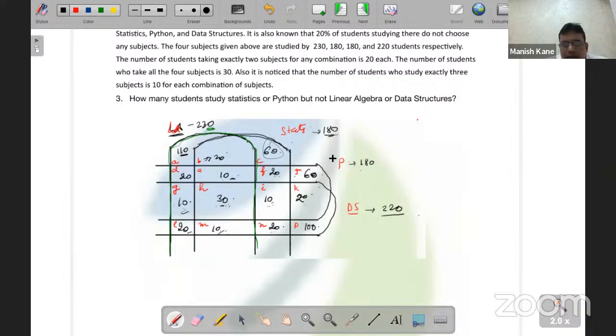How many numbers are there? This 60, this 60, and this 20. 60 plus 60 plus 20 makes it 140. Is this point clear? Yes, sir.